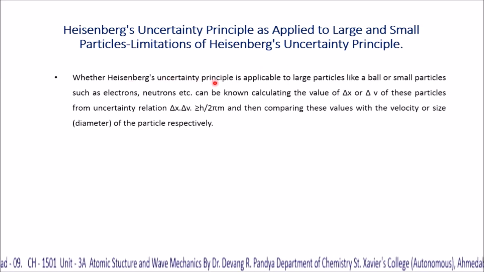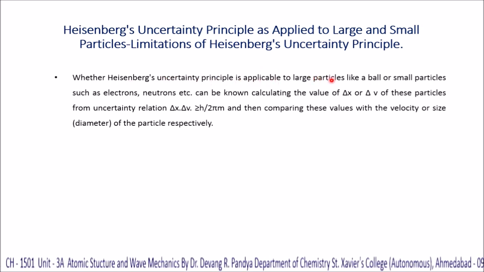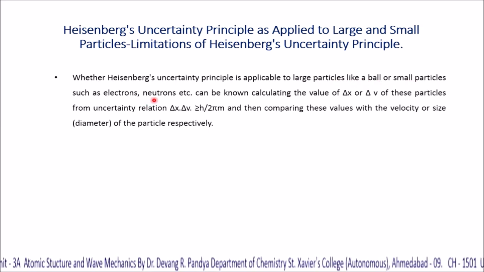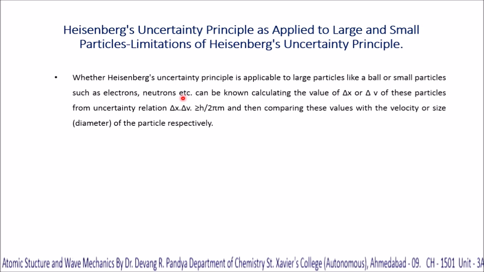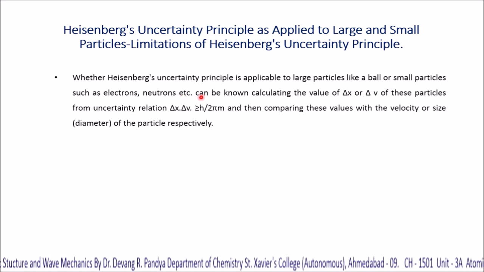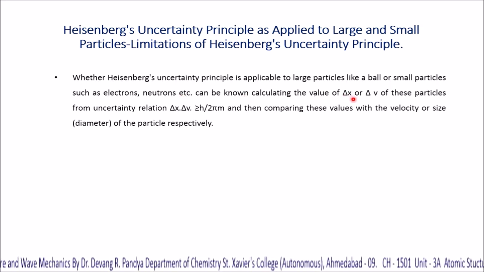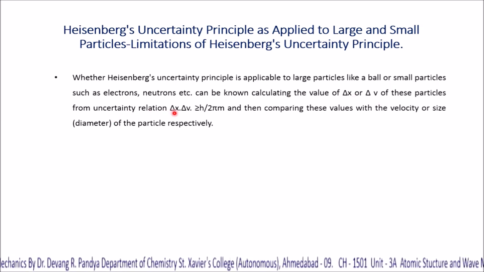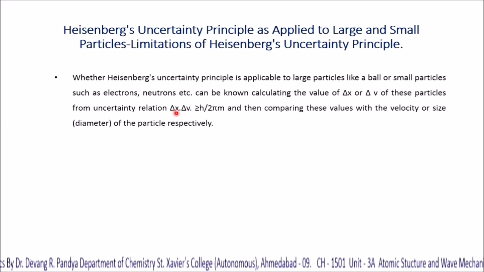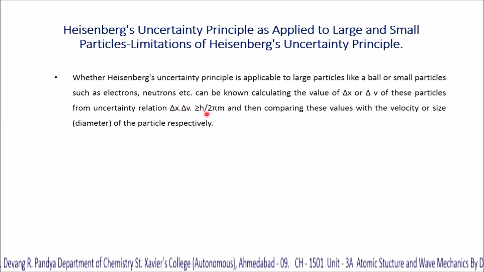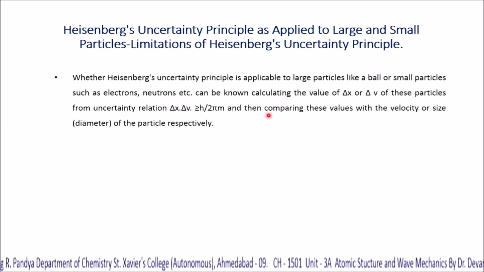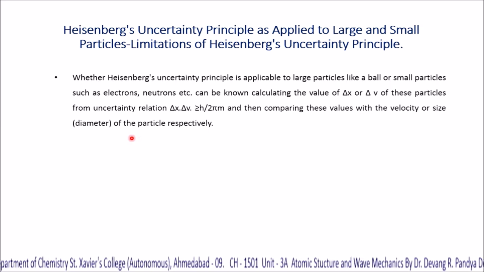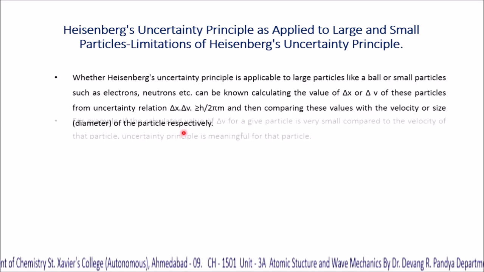Whether Heisenberg's uncertainty principle is applicable to large particles like a ball or small particles such as electron, proton, neutron, hydrogen atom, like subatomic microscopic moving particles, can be known by calculating the value of delta x or delta v of these particles from the uncertainty relation, which is given as delta x into delta v greater than or equal to h upon 2 pi m, and then comparing these values with the velocity or size diameter of the particle respectively.